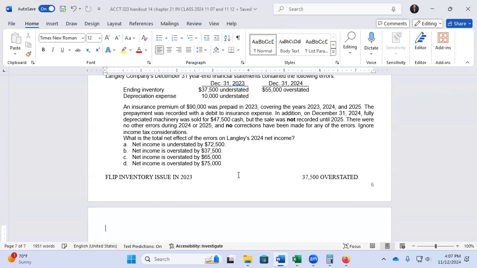And then the overstated inventory in 2024. If our inventory is overstated, it overstates net income because we don't get cost of goods sold as an expense as a result of it.